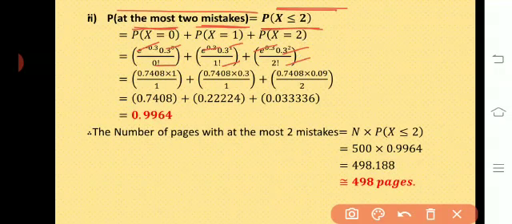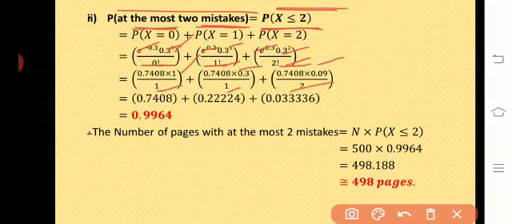So e raised to minus 0.3 from the statistical table is 0.7408, into 0.3 raised to 0, which is 1, divided by 0 factorial, which is 1, plus 0.7408 into 0.3 raised to 1, which is 0.3, divided by 1 factorial, which is 1, plus 0.7408 into 0.3 square, which is 0.09, divided by 2 factorial, which is 2.